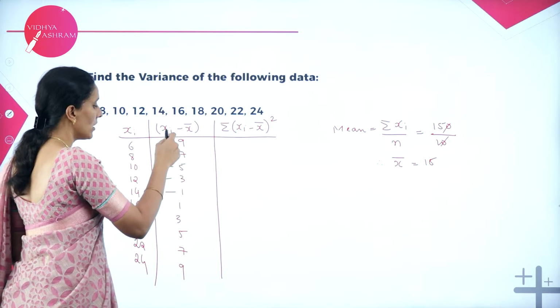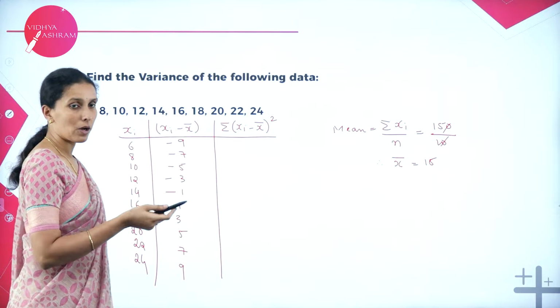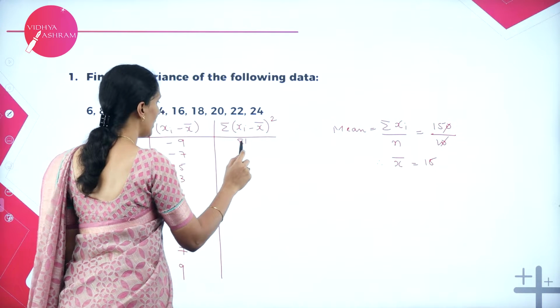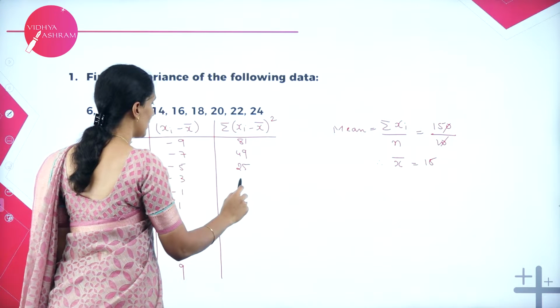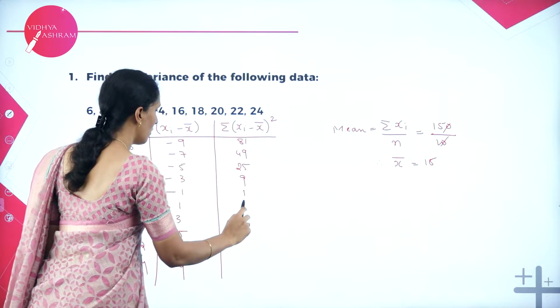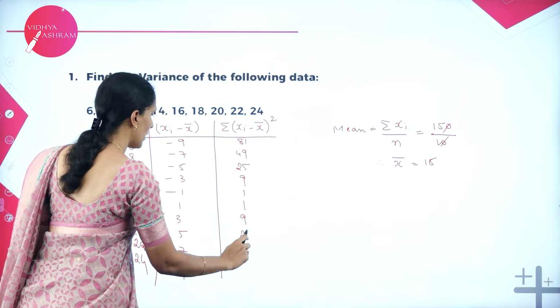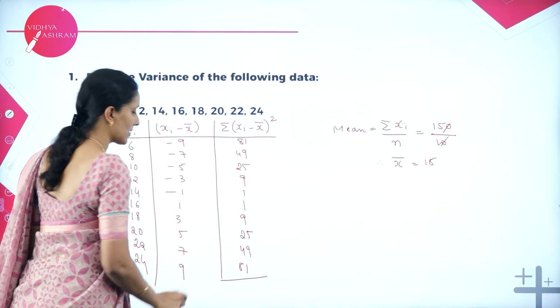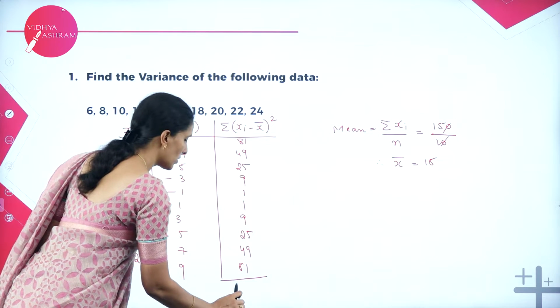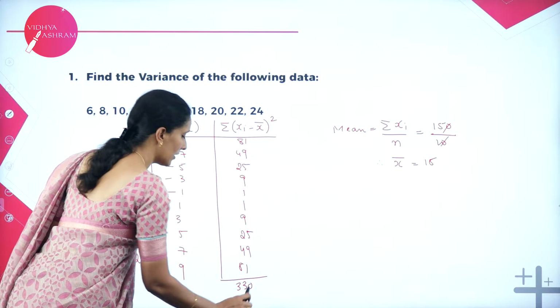Let us square it. Minus, when squared, becomes positive. So this is 81, 49, next 25, 9, 1, 1, 9, 25, 49 and 81. When you add all these, you get the value 330.